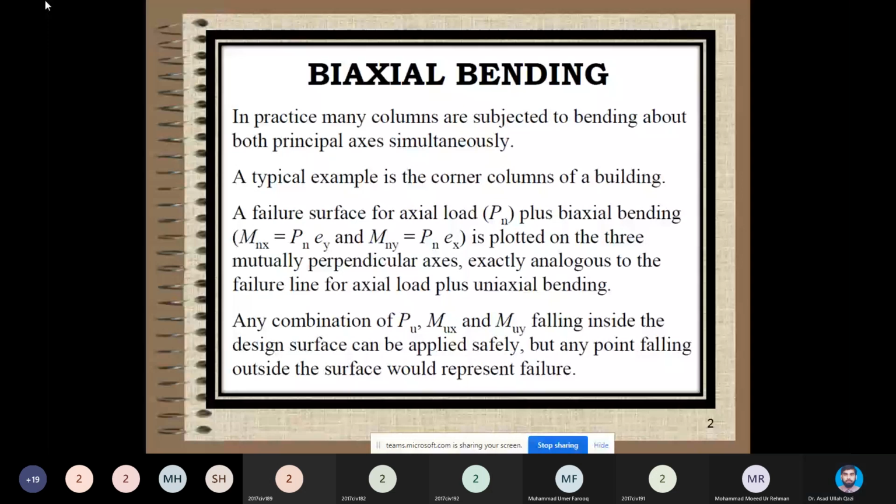A failure surface for axial load plus biaxial bending is plotted on three mutually perpendicular axes, exactly analogous to the failure line for axial load plus uniaxial bending.